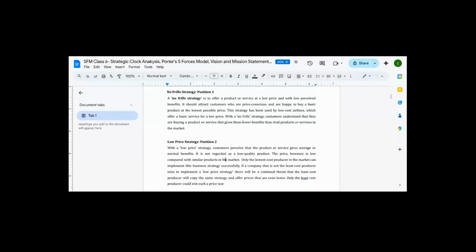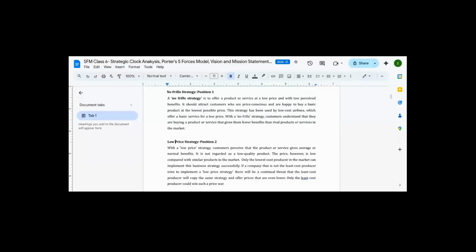That means in position 2 now, the quality of the product that we are selling at a lower price is higher than the one we are selling in position 1. That is the major difference there. And for us to achieve this in position 2, selling an average product at a lower price, the companies have to put in place very proactive strategic measures.